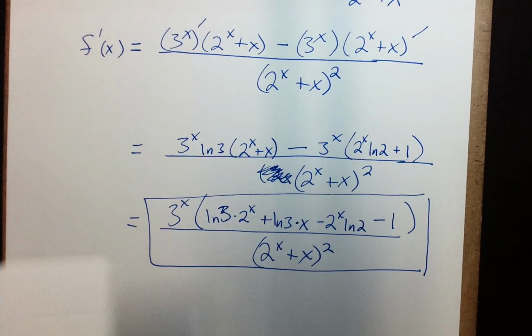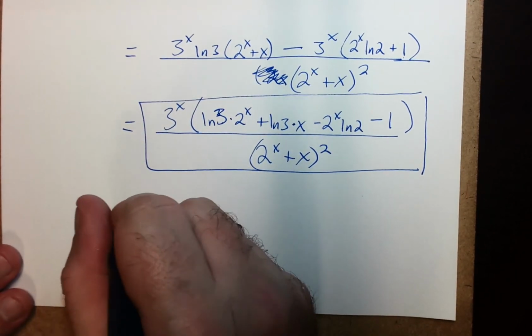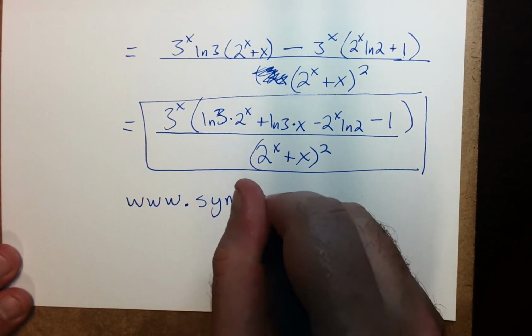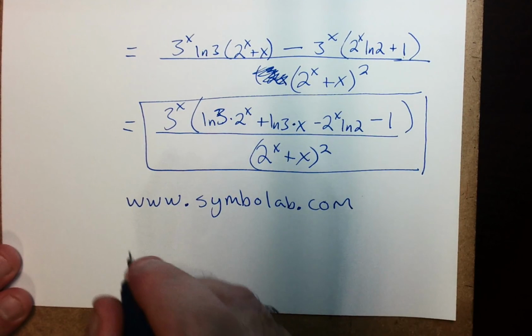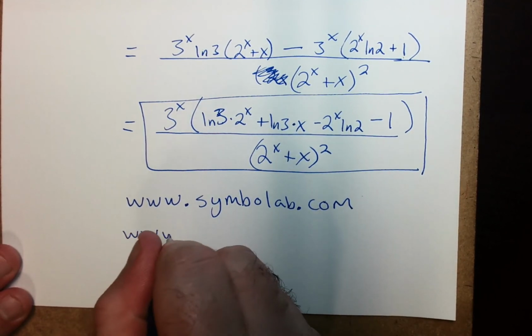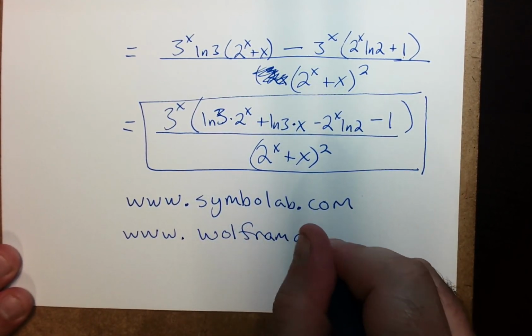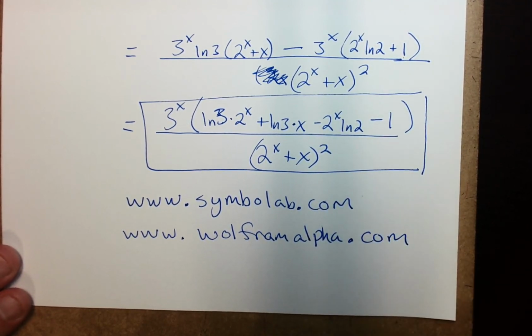Something I'll recommend if you have trouble on the homework is you ought to check out these two websites: www.symbolab.com and www.wolframalpha.com.